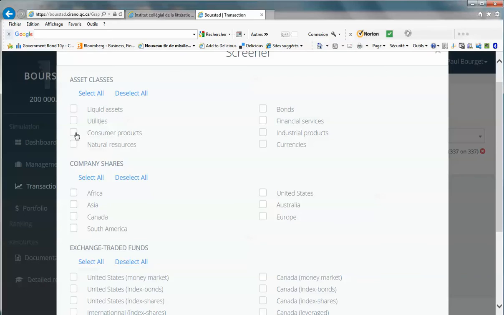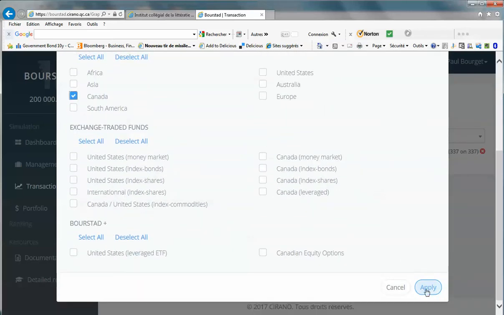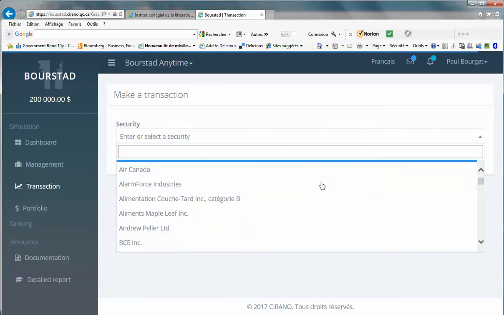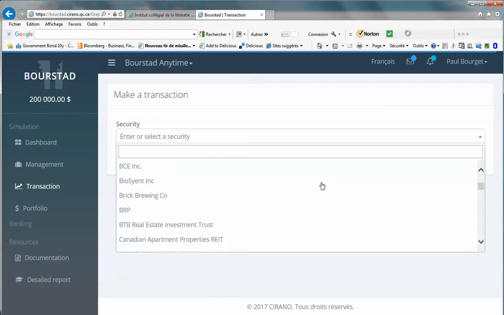So I'll select consumer products and companies from Canada. If I apply the screener, now I see that my list is 59 securities, in which I can find quite easily Canadian Tire.